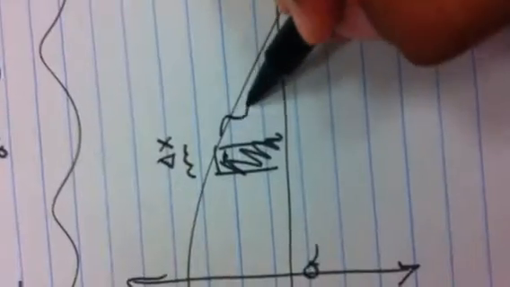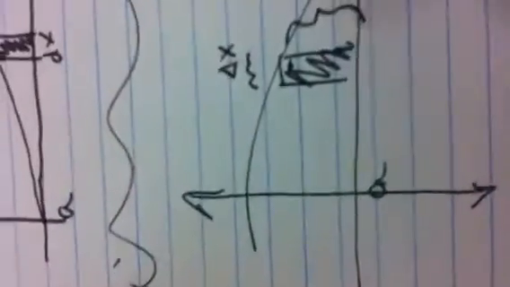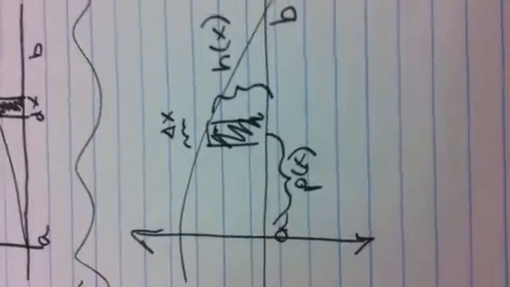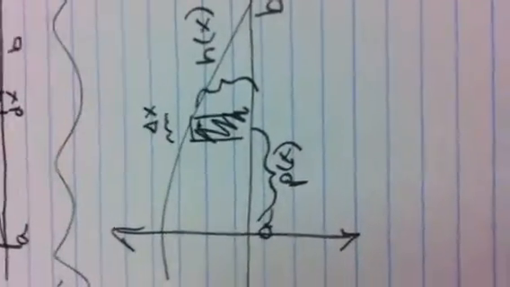And this height is going to be h of x. And then from here, it's going to be p of x. It's easier to see when you're doing an example, and I'll do an example of that, but that's basically the model for shells on the y-axis.